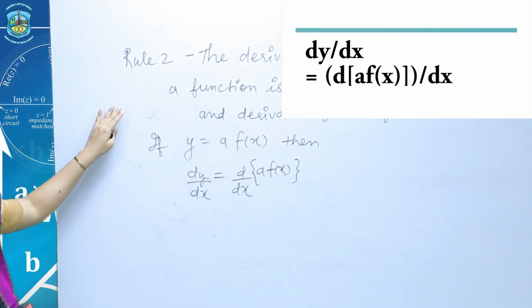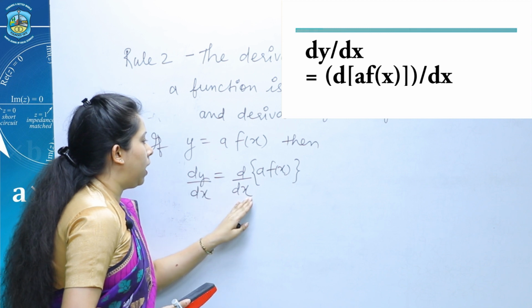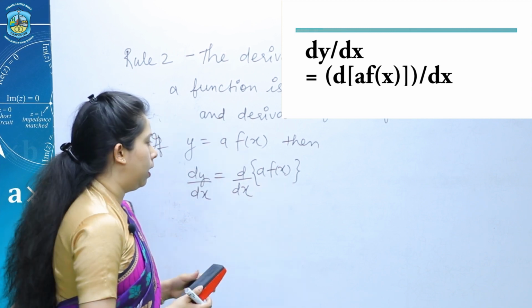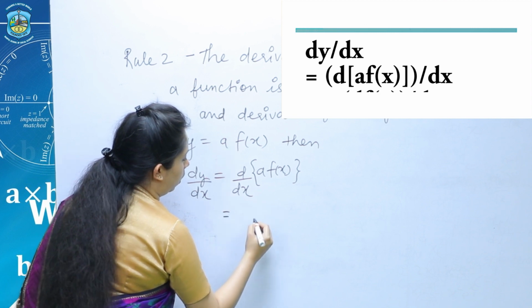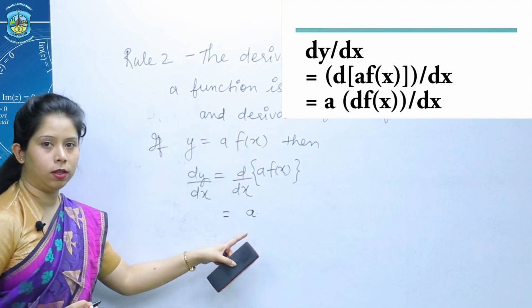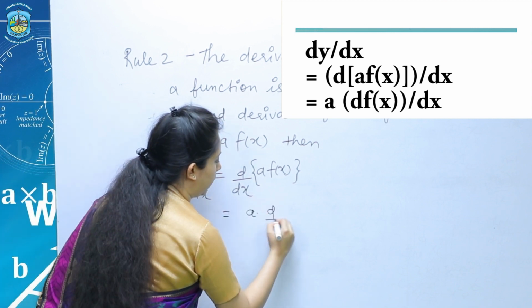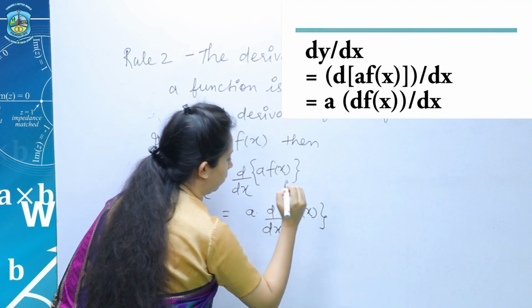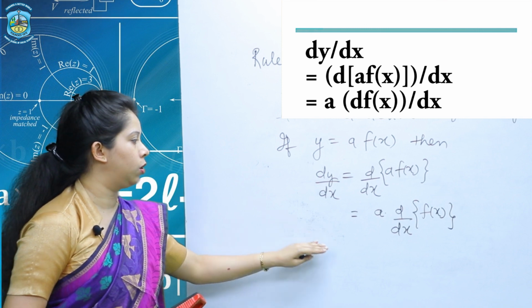So, according to rule number 2, when you have the product of a constant and a function, that is equal to the product of the constant and the derivative of the function. So, this is rule number 2.